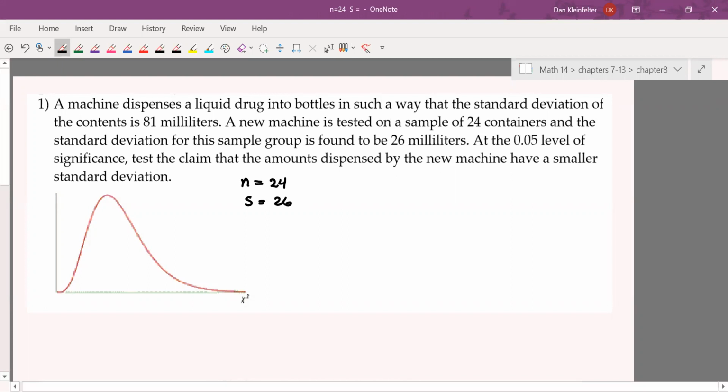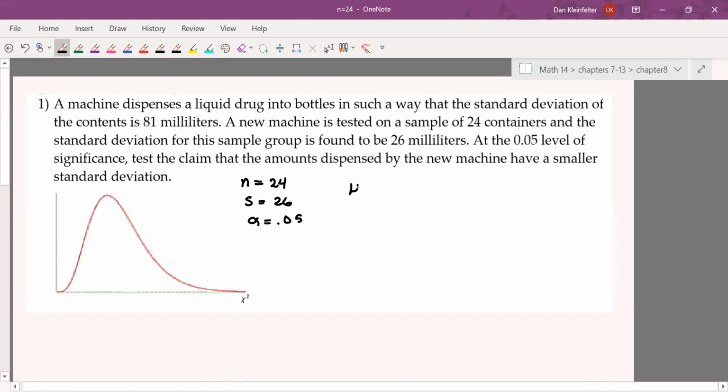At the alpha of 0.05 level of significance, we want to test the claim that the amounts dispensed by the new machine have a smaller standard deviation. So the machine originally had 81 milliliters for its variability, right? We want to know if this 26 milliliters of this sample is significantly less, or is it just due to chance?